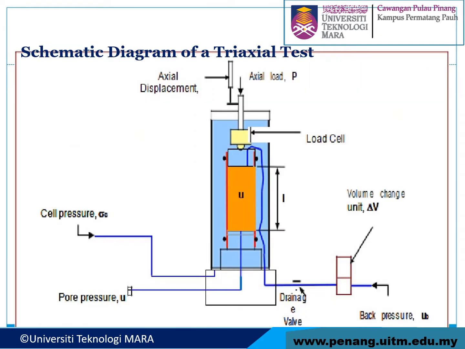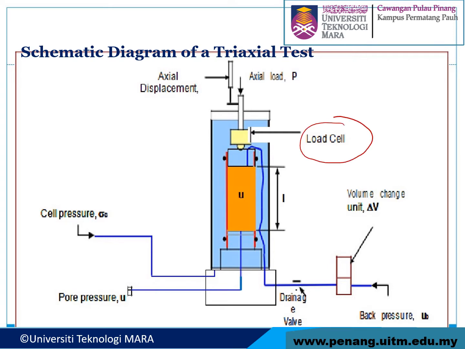Alright guys, look at this. This is how the process of the triaxial test works. This is the schematic diagram. The orange color is your soil sample, and then you determine the value. You will have the length and diameter, and then you have the load cell here.